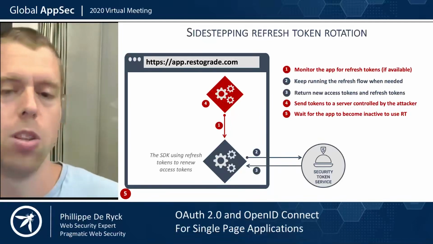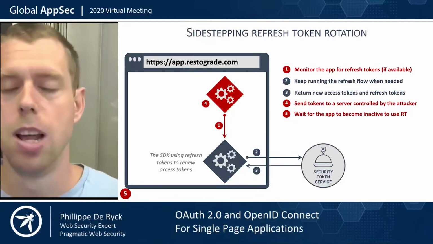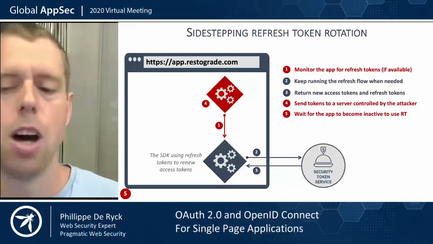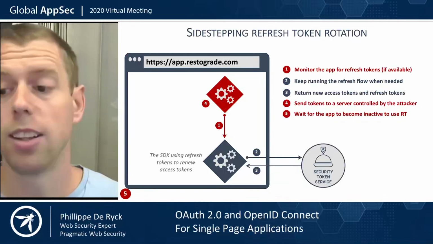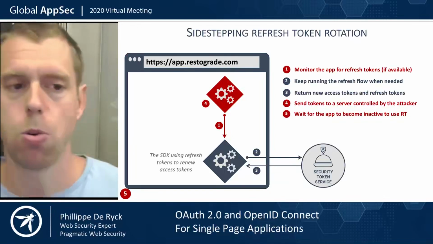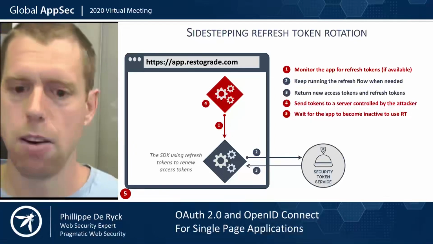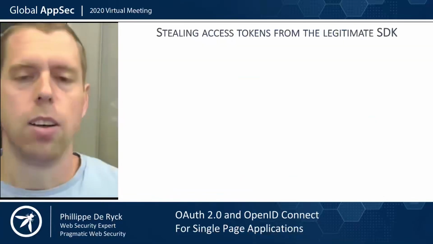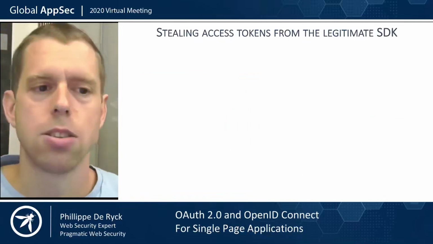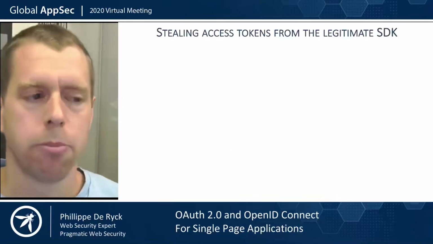So refresh tokens in the browser will have a finite lifetime, as in 8 hours, and after 8 hours, it's over, and there's no way to go on after that. But the attacker will now be in control of that refresh token. That's one scenario. A second scenario is just ignoring refresh tokens and only stealing access tokens and abusing them.